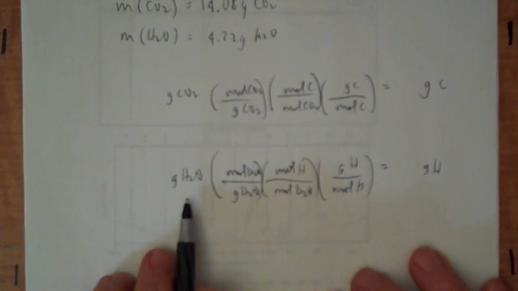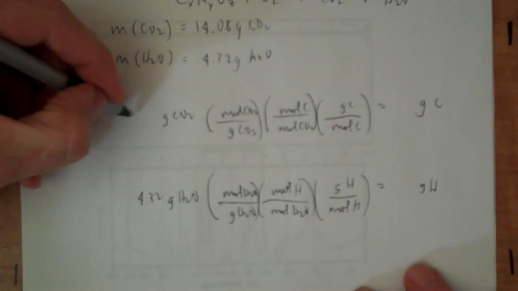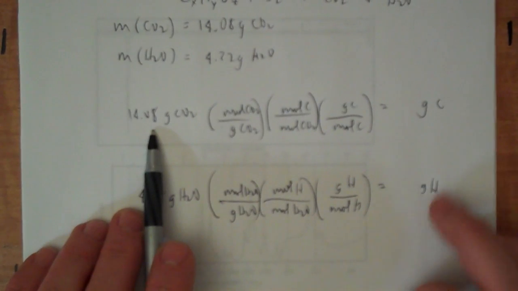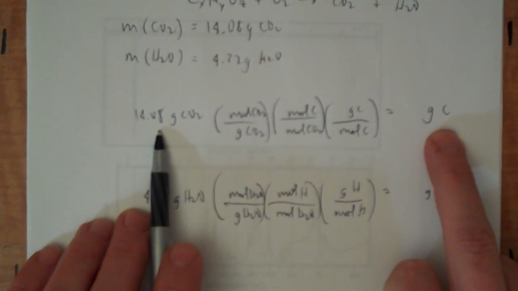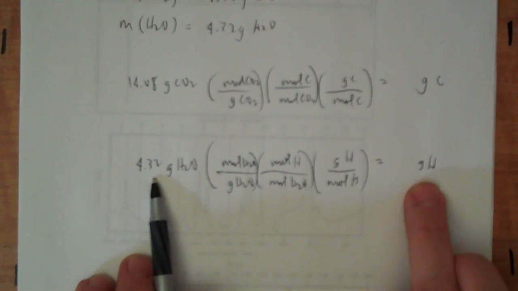And this, of course, is 4.32. This is 14.08. And these are all my conversion factors, which say that this many grams of carbon dioxide are going to contain this many grams of carbon, and this many grams of H2O are going to contain that many grams of hydrogen, right?